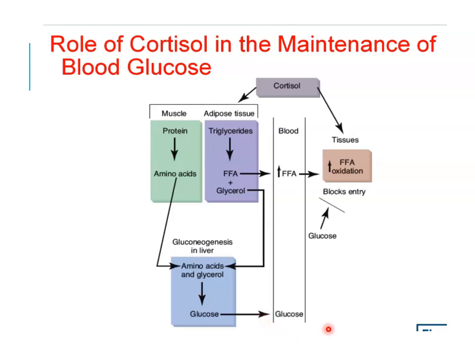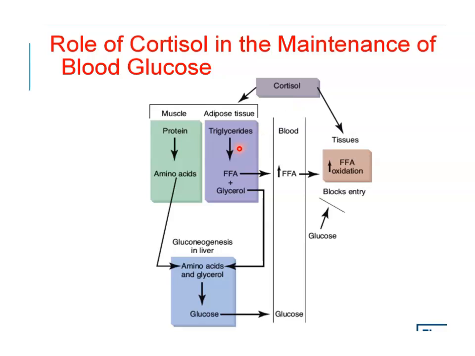Exercise induced hypoglycemia, that is decreased levels of blood glucose and increased physical stress during the exercise, results in the increased production of cortisol. Main function of cortisol is to maintain blood glucose levels. How cortisol maintains the blood glucose levels?